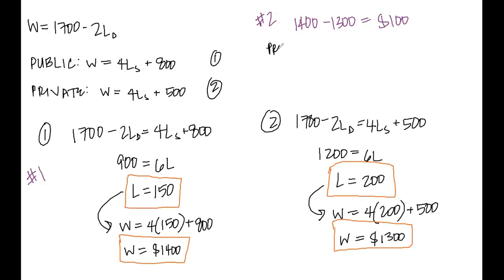This will be for private school. It's a tiny little graph, but I don't want to erase the stuff I've already written. So we have our wage, labor, supply, demand.